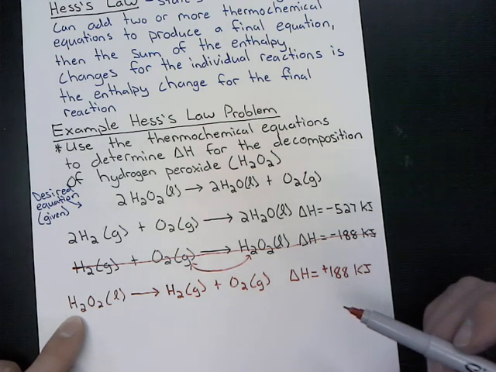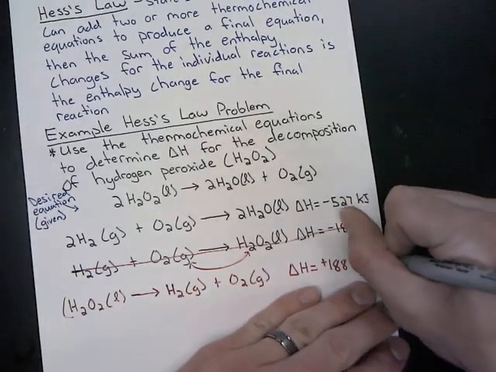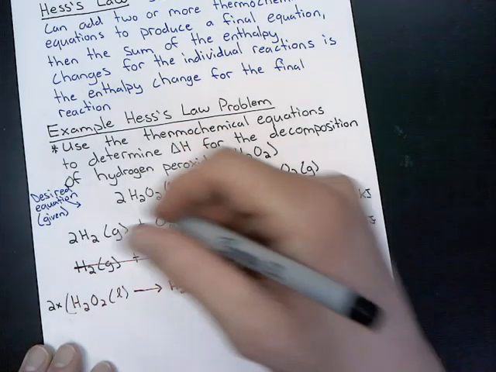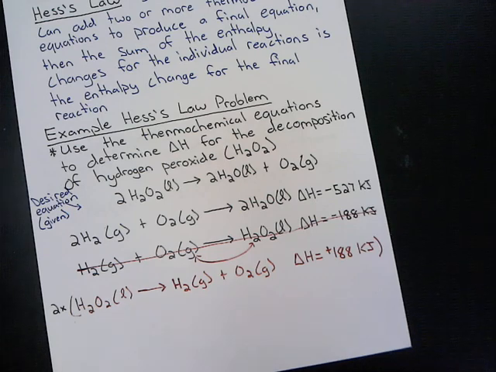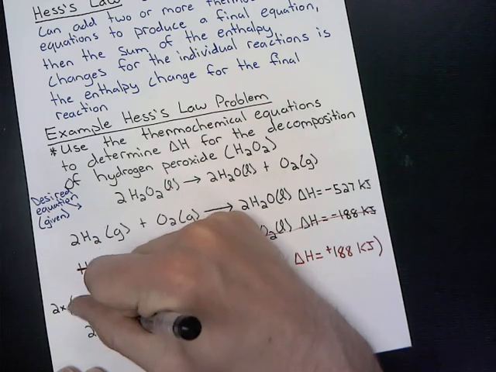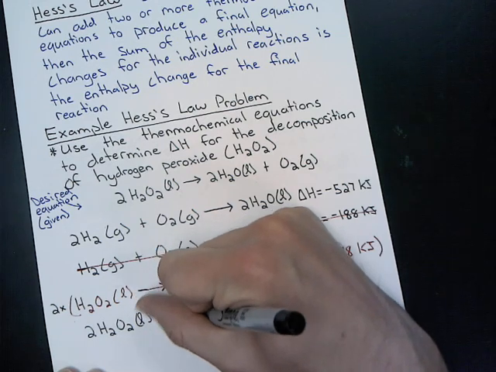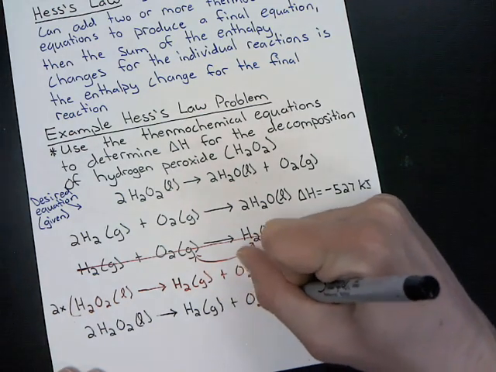So what I actually have to do is multiply everything by 2. When I multiply everything by 2, what I end up getting is 2 H2O2 yields H2 plus O2.